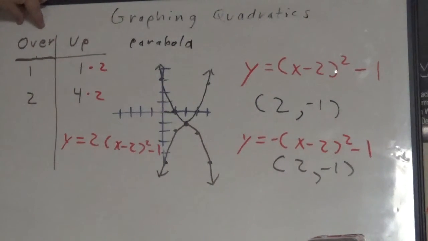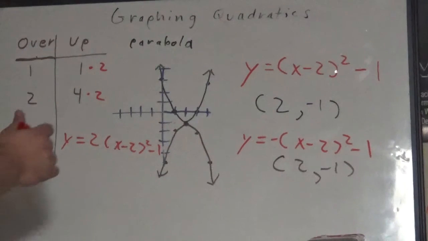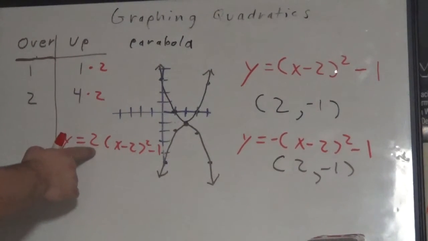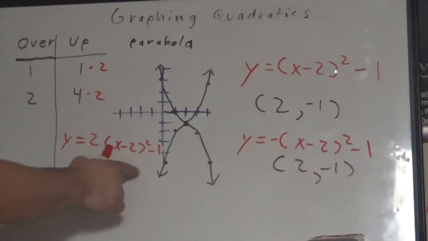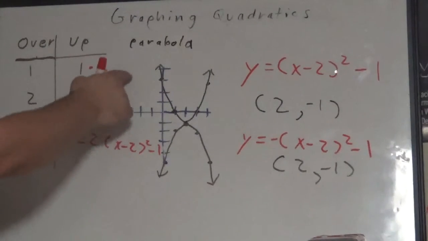That would be our input, another name for x on a graph. And up and down, the y value, is another name for output. So since we're multiplying this by 2, we're multiplying our output by 2.